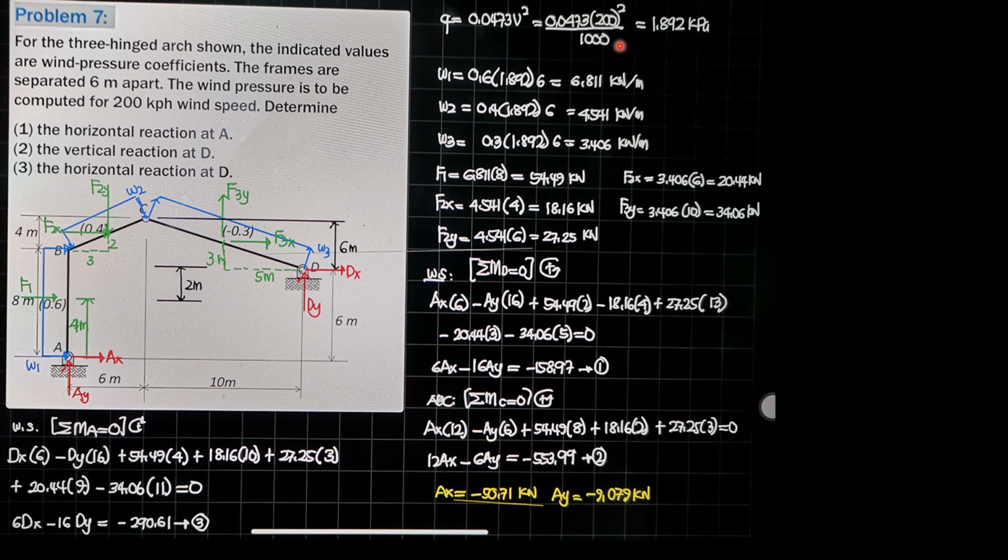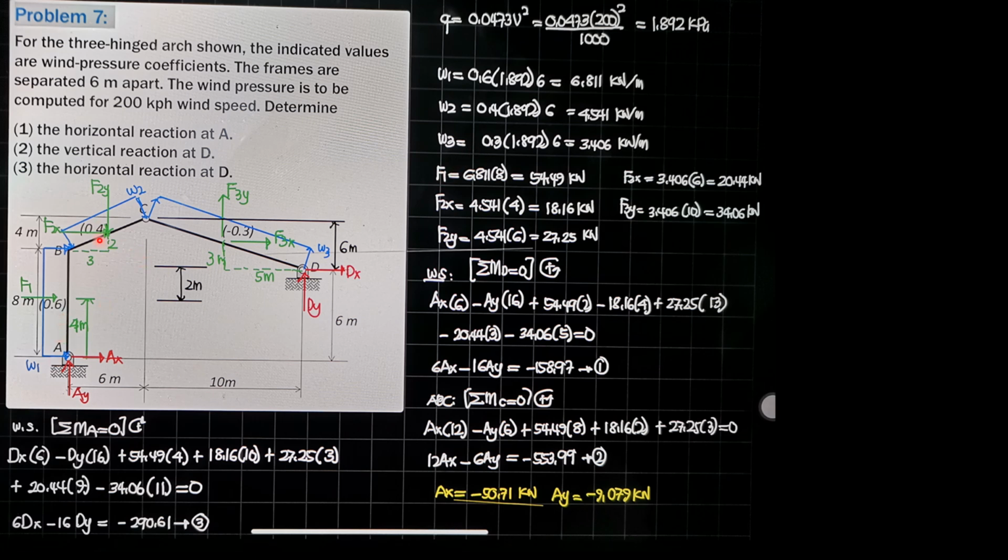It is equal to 1.892 kilopascals. So W1 therefore is wind pressure coefficient 0.6 times the uniform pressure times the tributary width, which is 6 meters. So 0.6 times 1.892 kilonewtons per meter squared times 6 meters. That's why we have 6.811 kilonewtons per meter for W1.